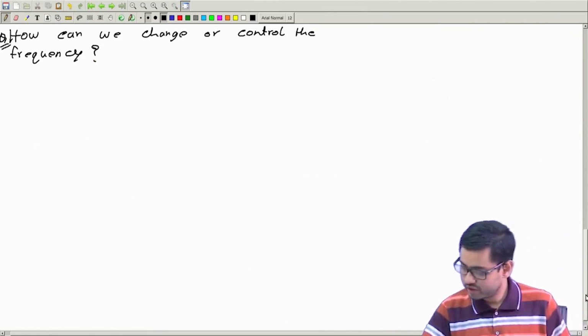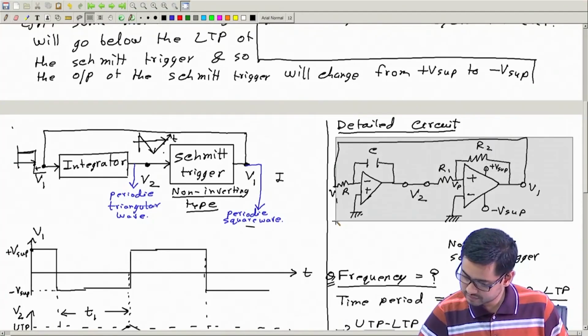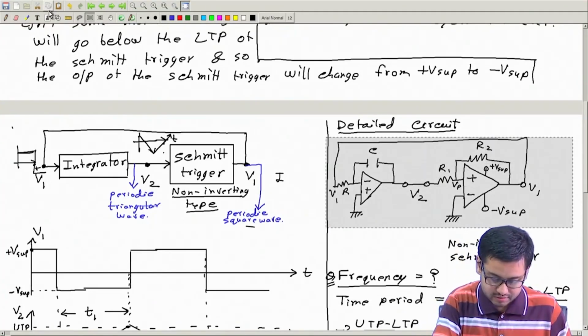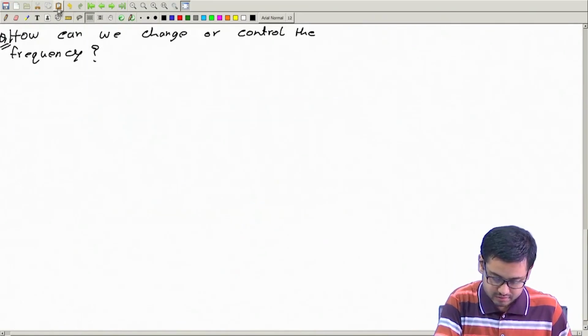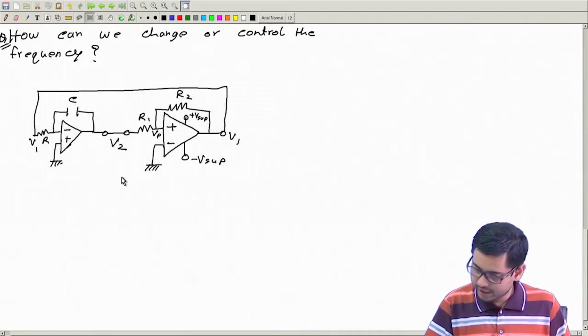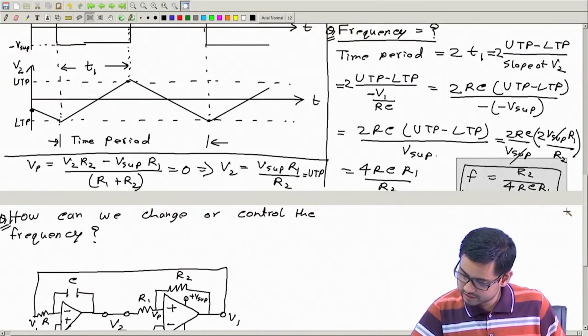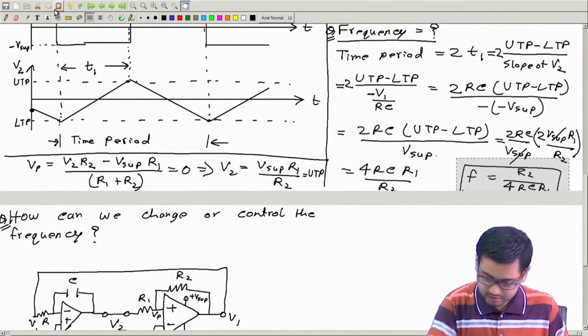This is the question. Let me just copy this circuit for ready reference, and let me also put this in front.